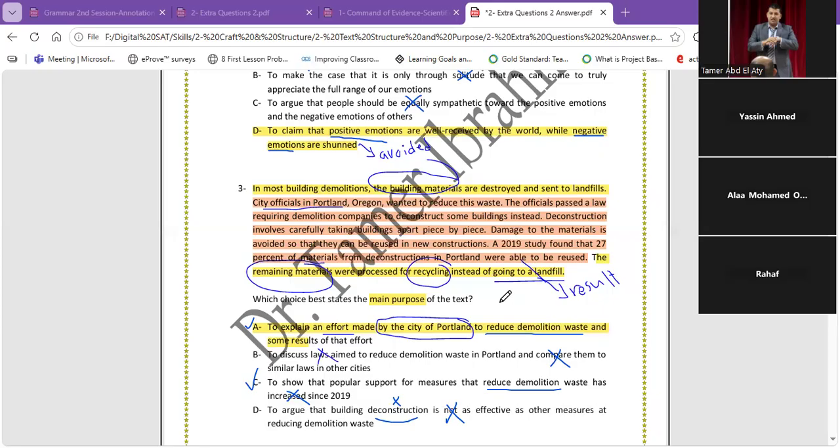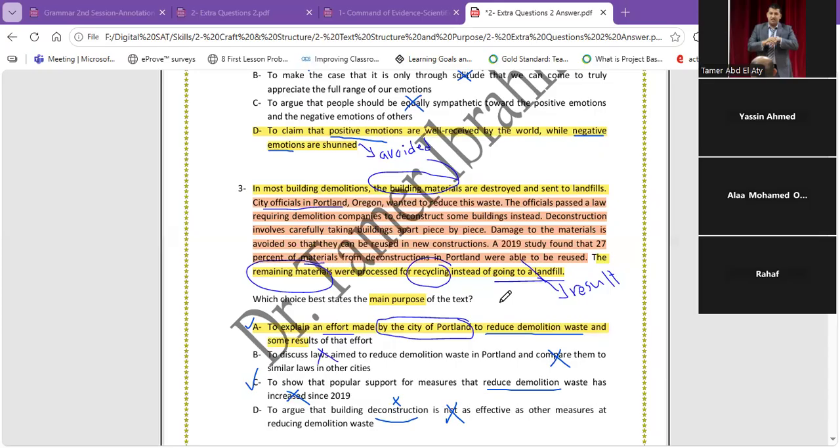Deconstruction involves carefully taking a building apart piece by piece. Damage to the materials is avoided so that they can be reused in new constructions. A 2019 study found that 27% of material from deconstructions in Portland was able to be reused. The remaining materials were processed for recycling instead of going to a landfill.